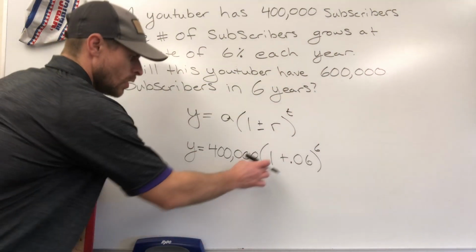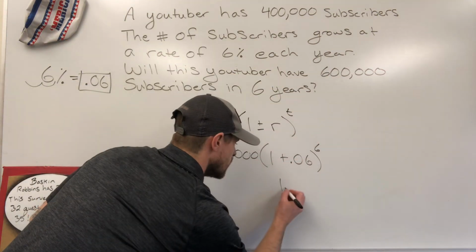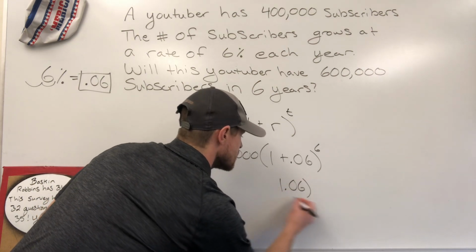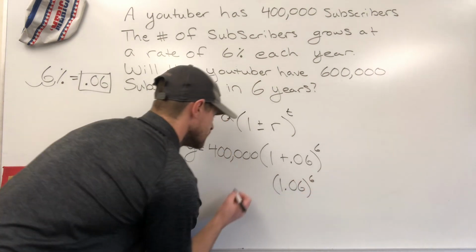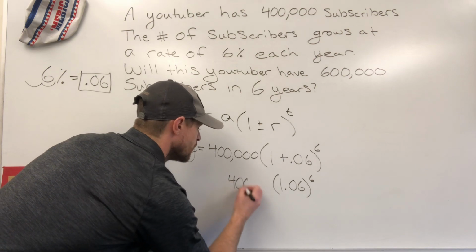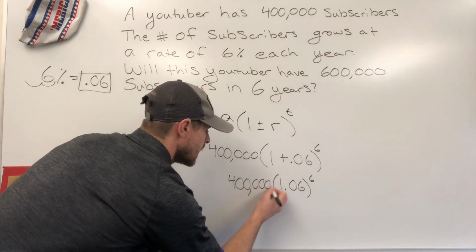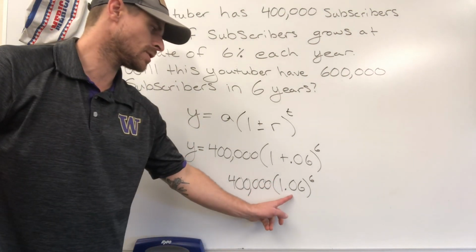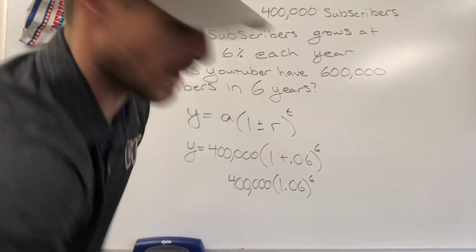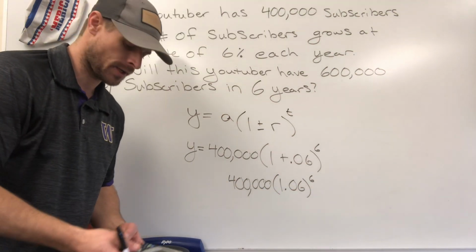Let's find out. 1 plus 0.06, that's just 1.06. You'll have to take that, put it to the power of 6, and then you'll multiply it by 400,000 at the end. So 1.06 to the power of 6. Grab a calculator. That'll do the work for you.